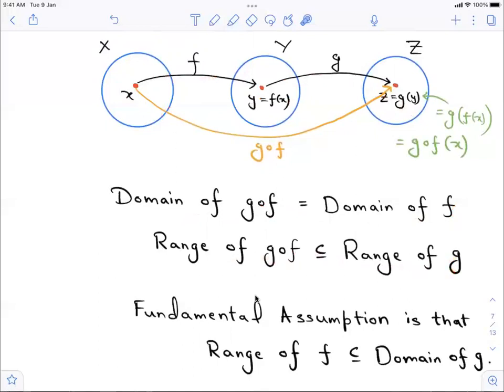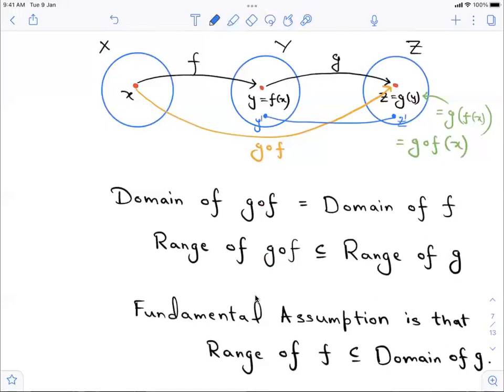Why is that? That's because you may have possibilities like some element in capital Y which is not in the range of f, but has an image over here. So some Y dash over here has an image Z dash, and suppose this is the unique image of Y dash. Suppose no other element of Y is being mapped to Z dash, right?